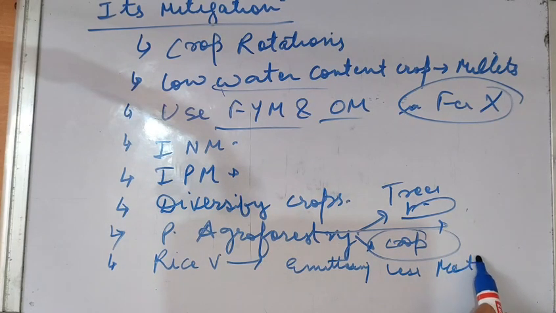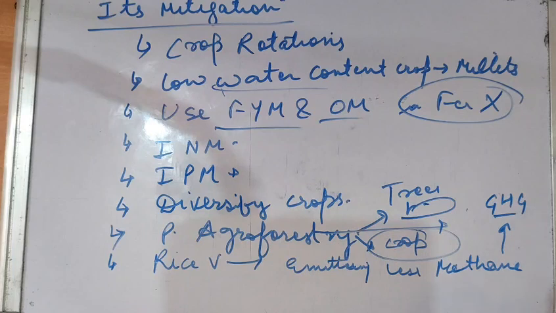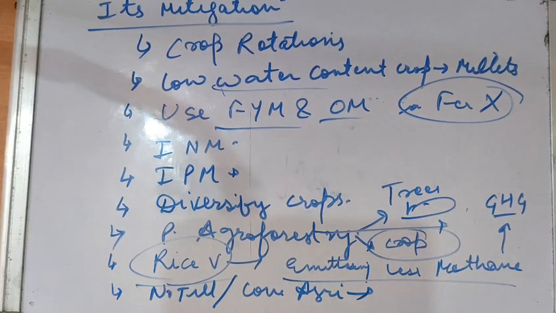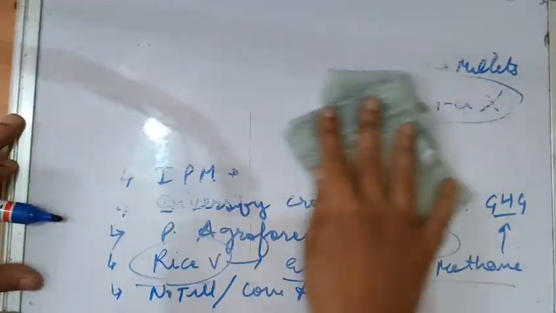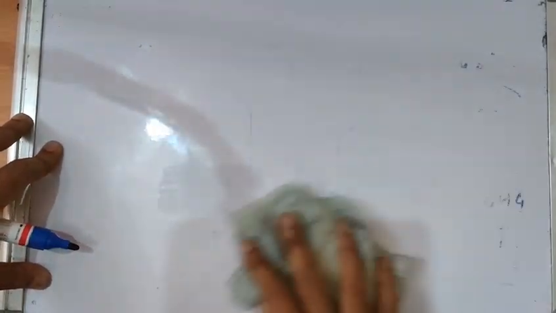Rice used to emit a lot of methane, which leads to GHG emissions. So we need to use rice varieties emitting less methane. We should focus on no-till, conservation agriculture. This will reduce soil erosion. So that's how we will mitigate the harmful effects of cropping pattern on environment.